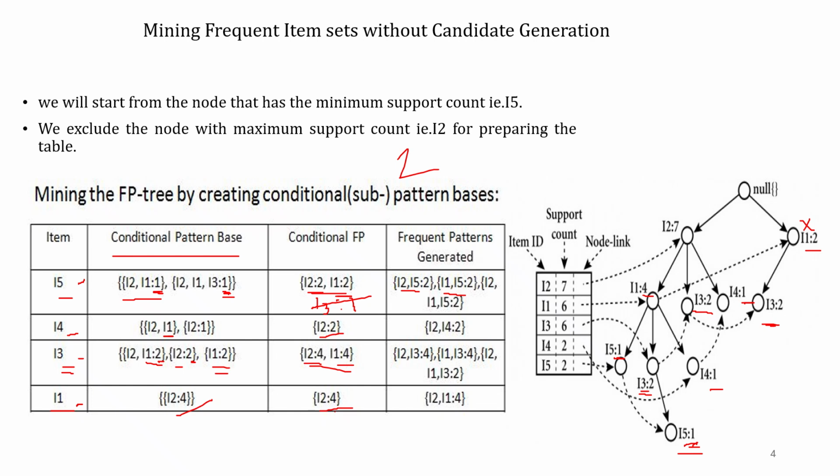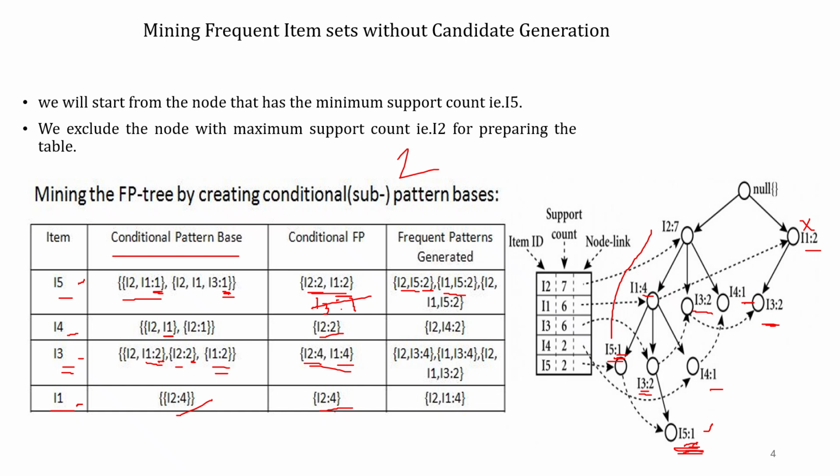So the support count is 1 here, and then you have I1 and I5 here. So from I2 you have an I5, which had occurred once, and then from I2 you also have another I5 which also had occurred once. So that is why the support count here is 2.